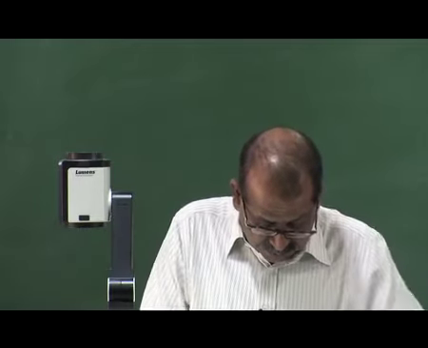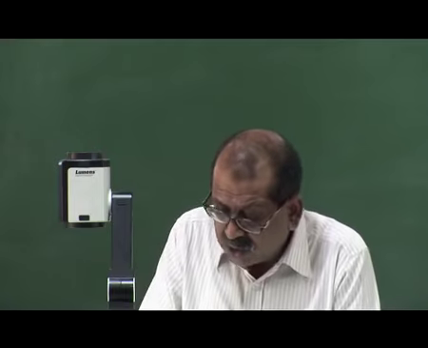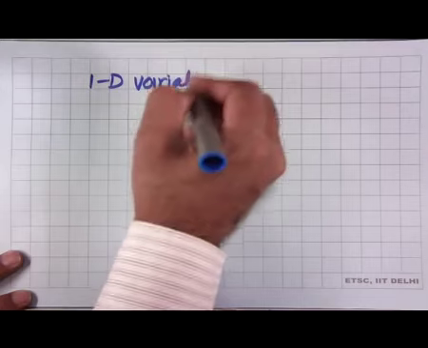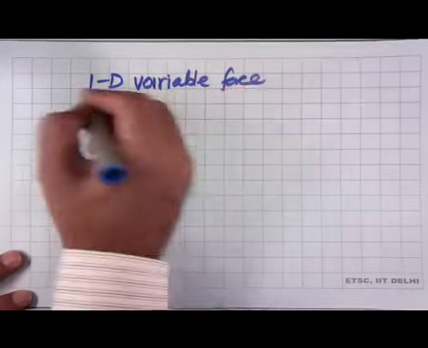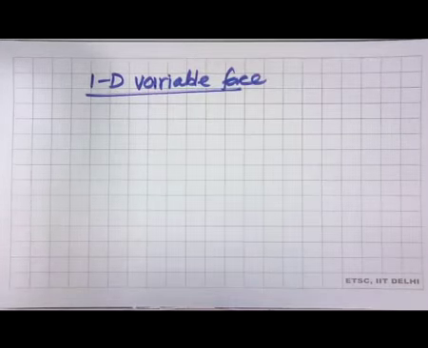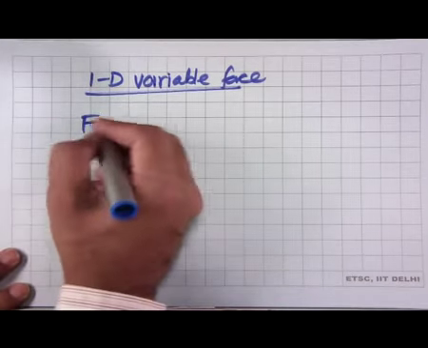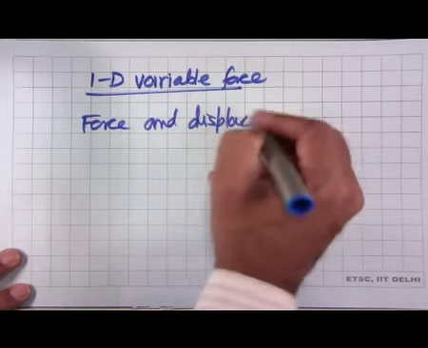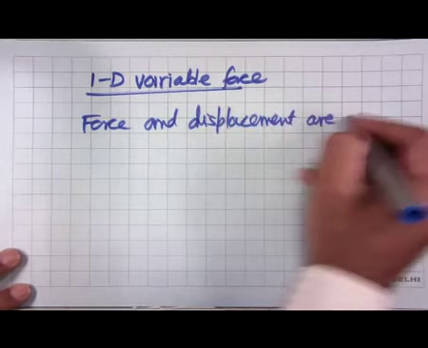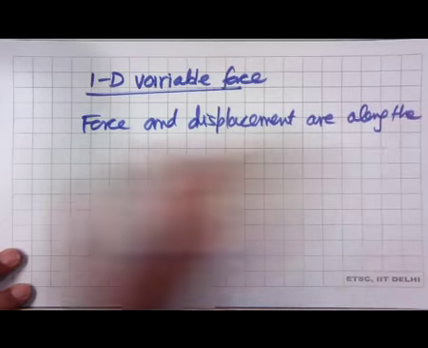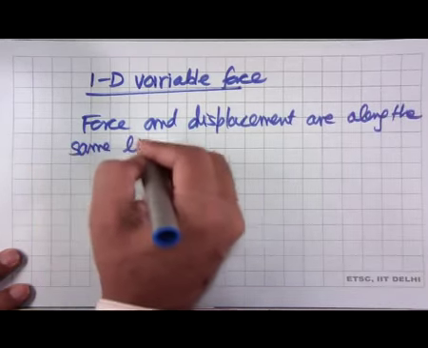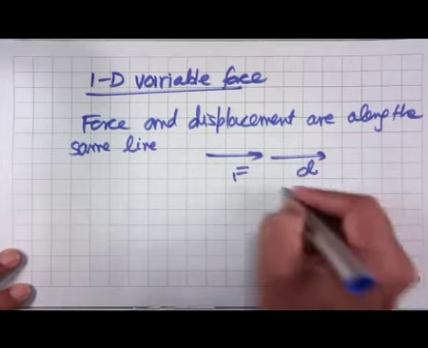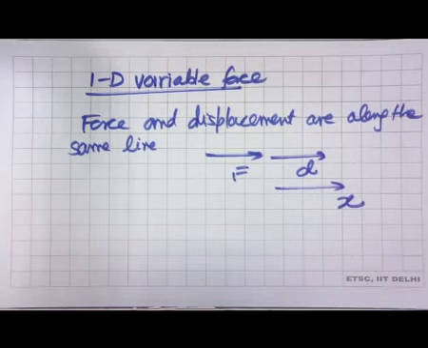So, let us look at a case of first a one dimensional variable force. That means the force and the displacement are along the same line. So, if this is the force, the displacement is also here, and let us say this direction is the x direction.